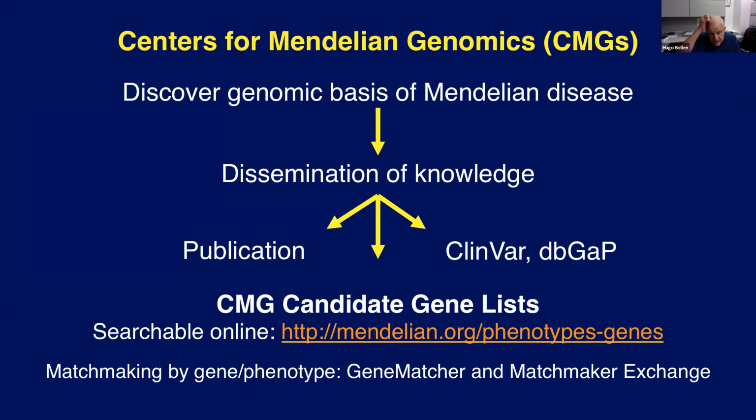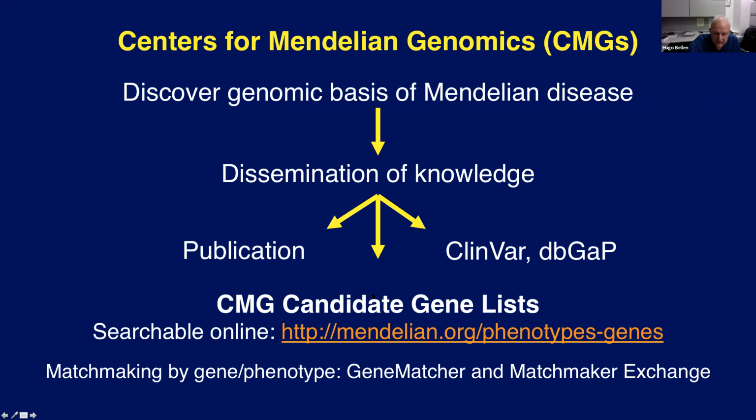So the Center for Mendelian Genomics is focused on sequencing patients and unaffected individuals, but mostly patients, to discover the genomic basis of Mendelian disease. And then their goal is to disseminate this knowledge either through publication or through posting the sequences in databases where they can be queried, ClinVar and dbGaP.